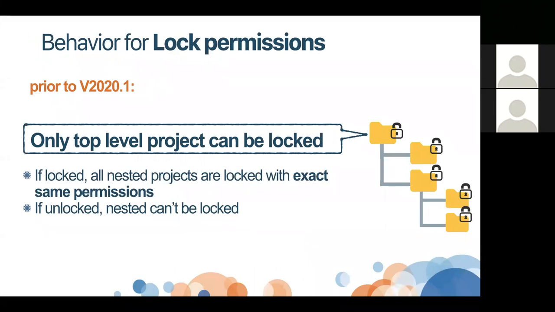So what happened before 20.1? What is the behavior for locking? Number one, only top level project can be locked. If it is locked, all nested sub-projects are automatically locked with exactly the same permissions.